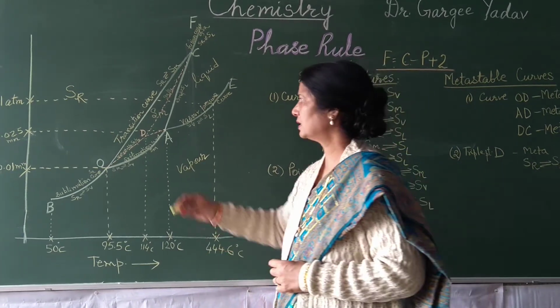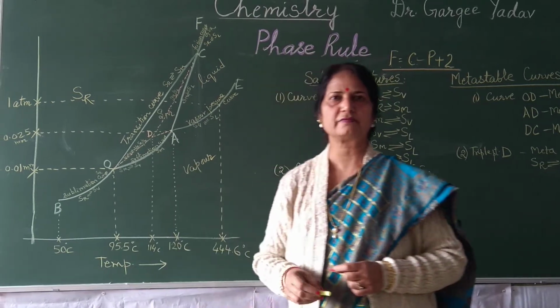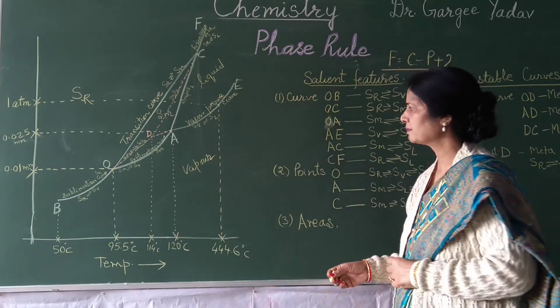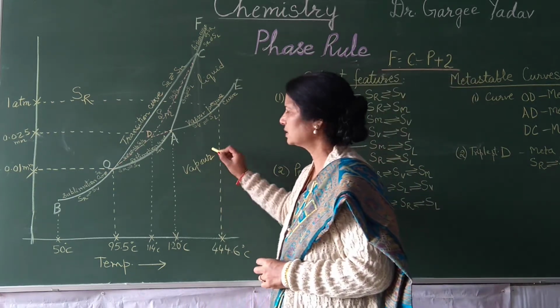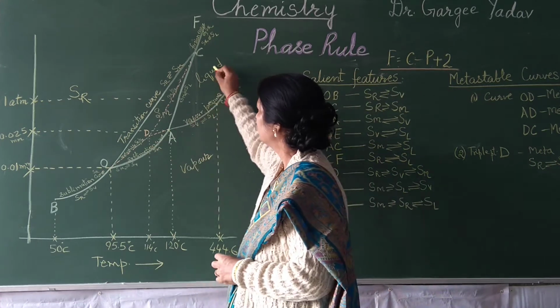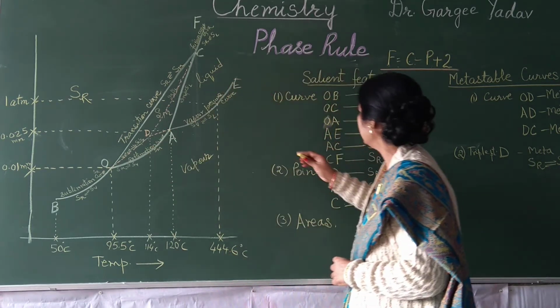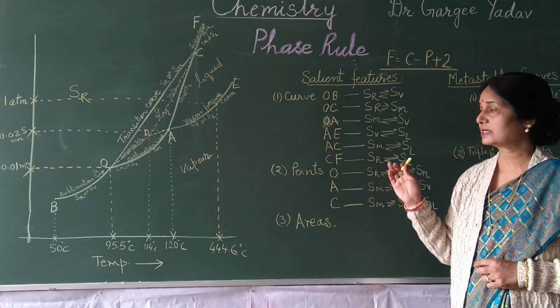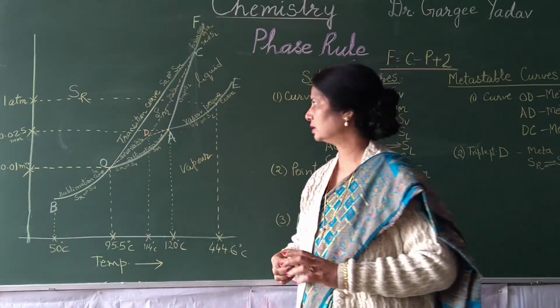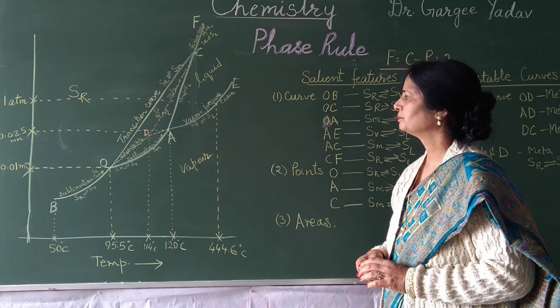I have represented rhombic sulfur as Sr and monoclinic sulfur as Sm. These are the two solid states. The vapor state I have represented by Sv, and the liquid state by Sl. For easy representation, I have taken these symbols.